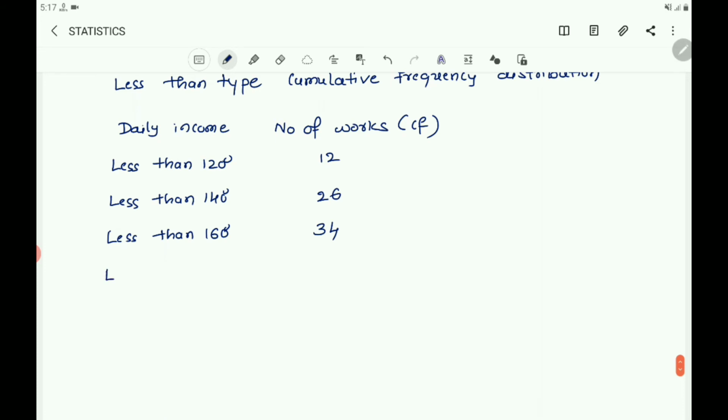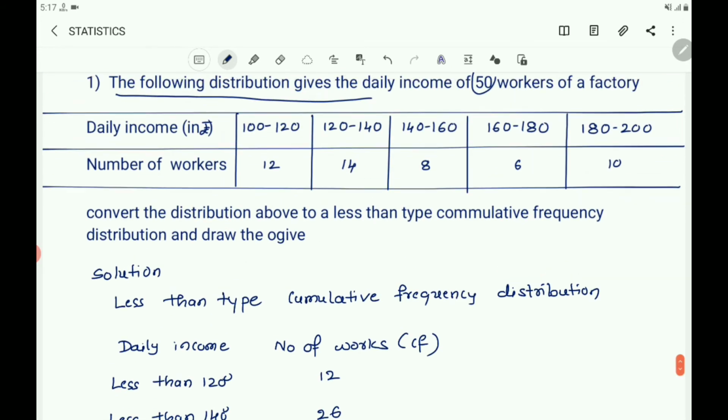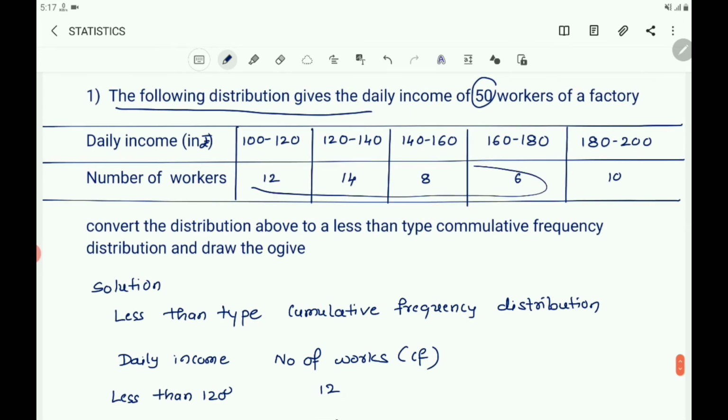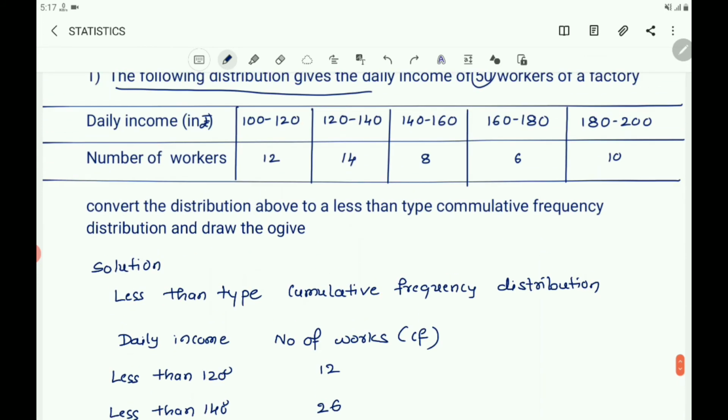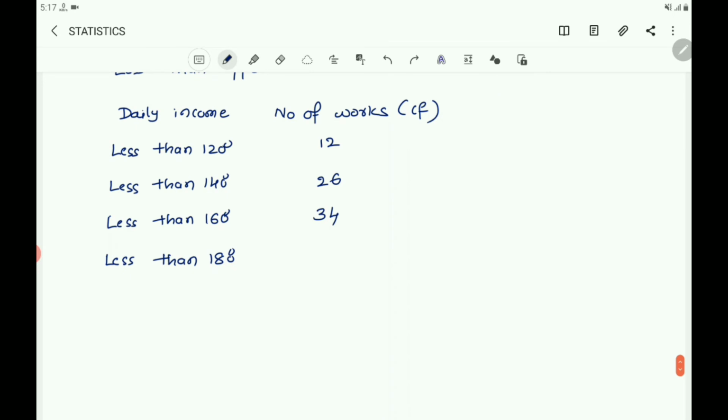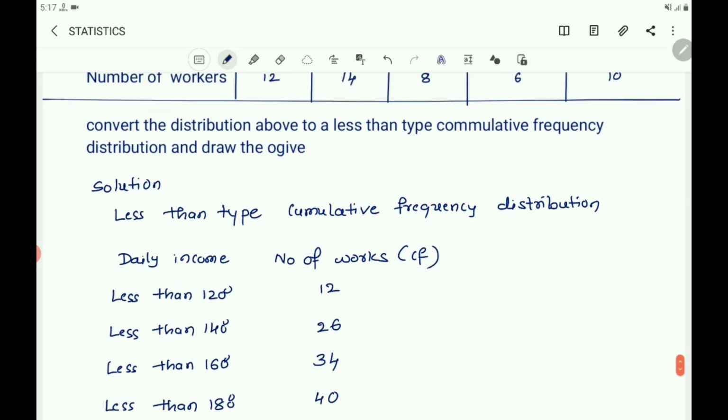Next, less than 180. Less than 180 means the sum of all these. The sum of these three is 34, 34 plus 6, you will get 40. So less than 180 is 40.